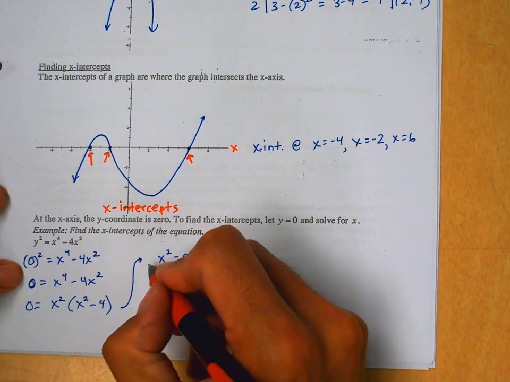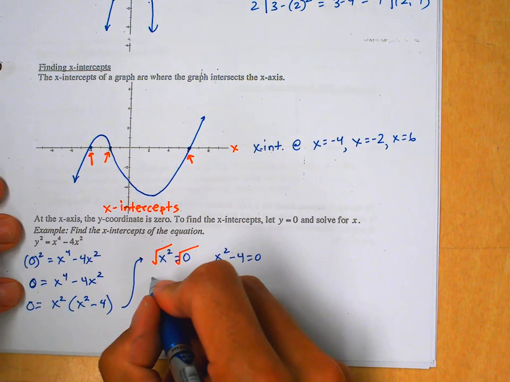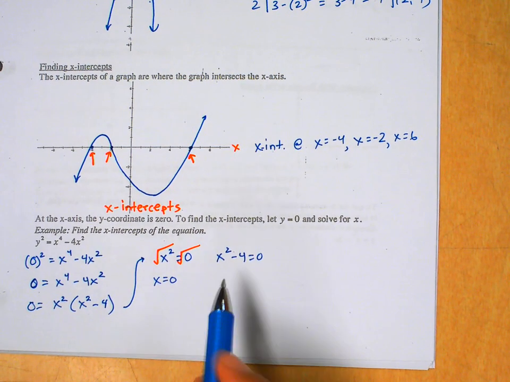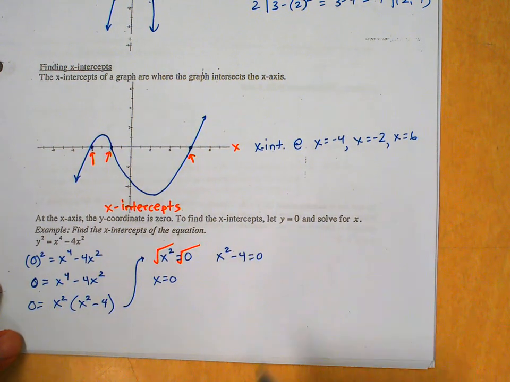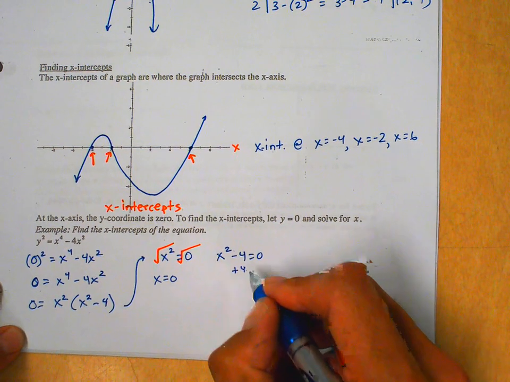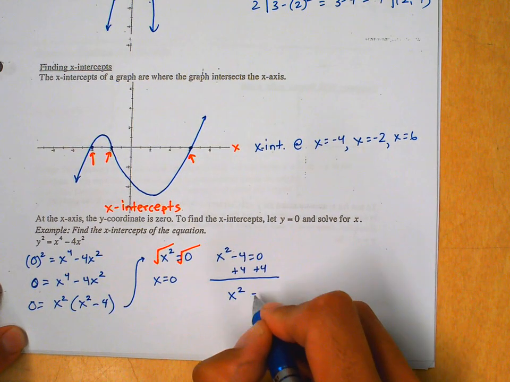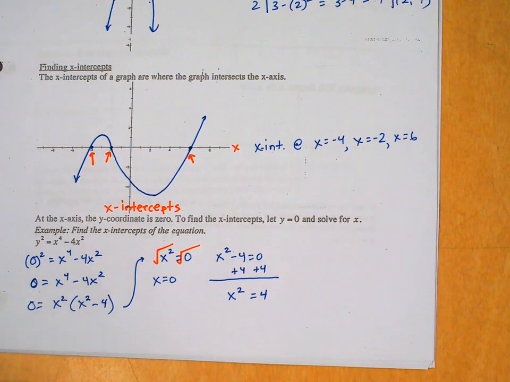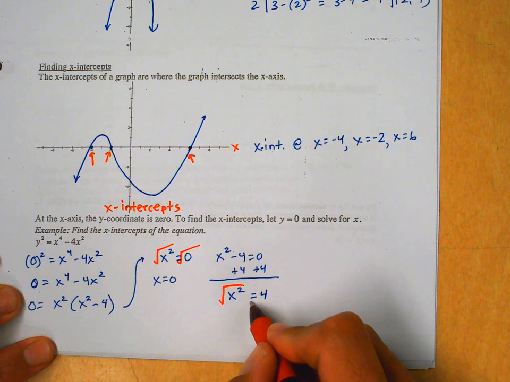To get x by itself, you square root both sides, and that's going to give me x equals 0. Here, you could factor using the difference of two squares if you really wanted to, but I'm just going to solve with square roots. I'm going to add 4 to the other side. Get x squared equals 4. And then square root both sides.